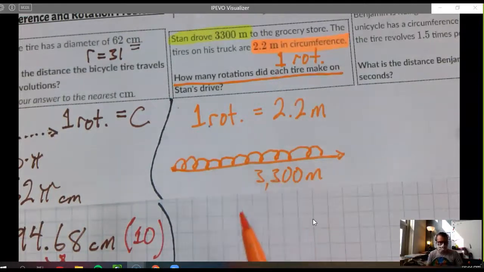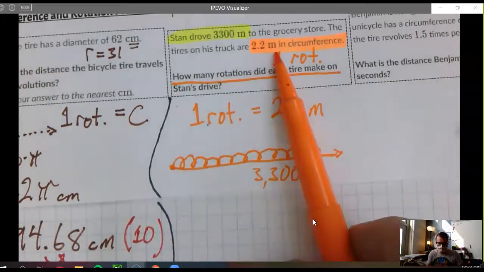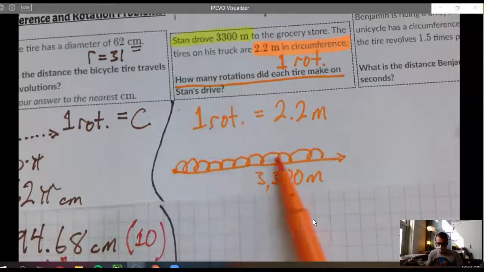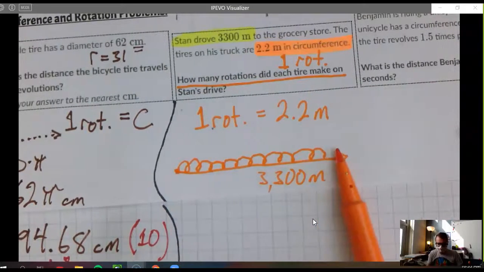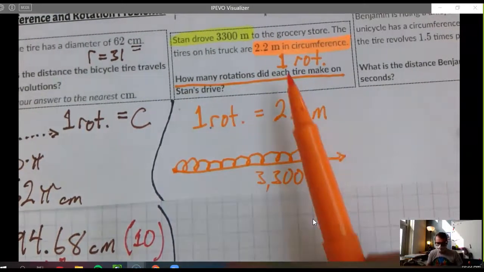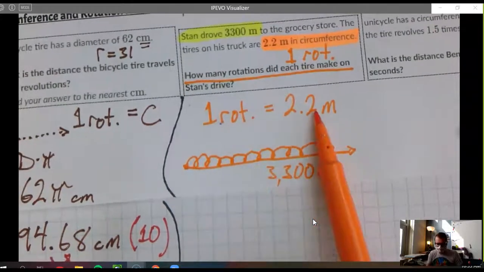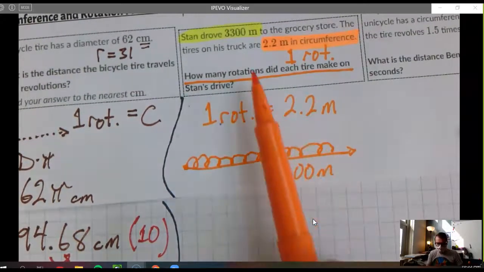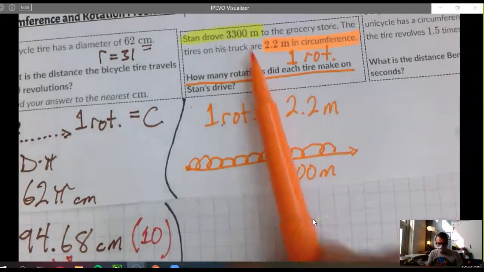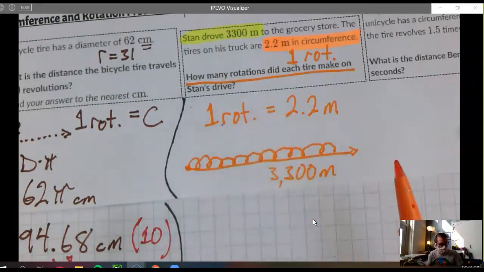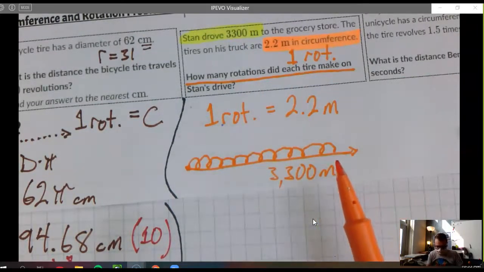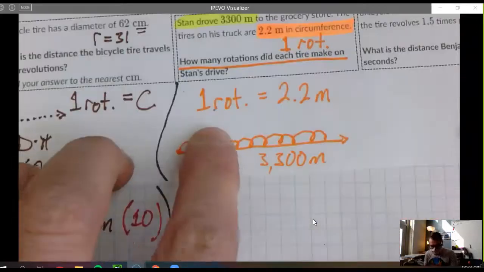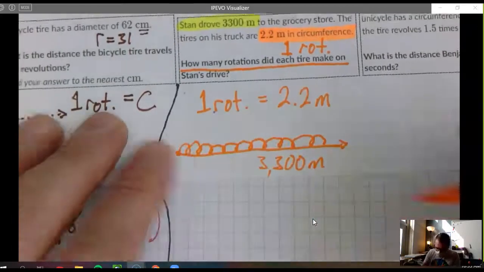How could we split up Stan's drive into how many rotations? Well, we know what 1 rotation is. They tell us 3,300. Guys, this is proportional thinking. This one rotation equals 2.2 meters.